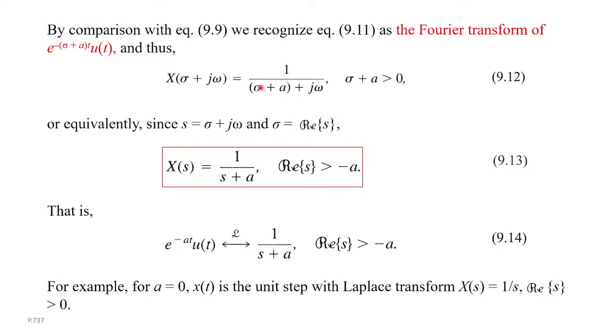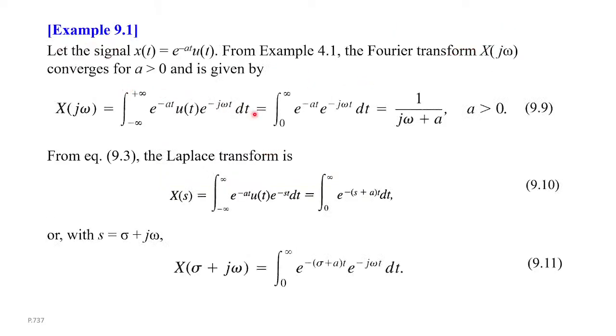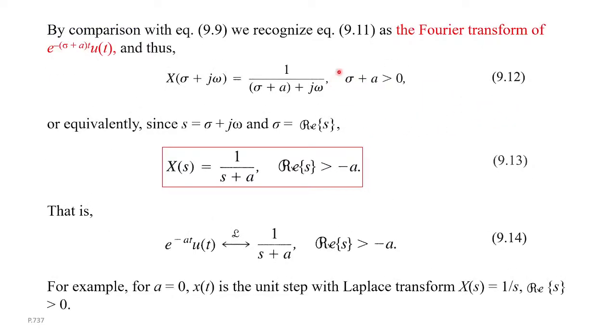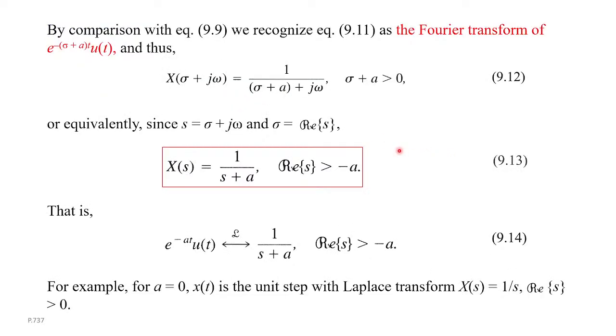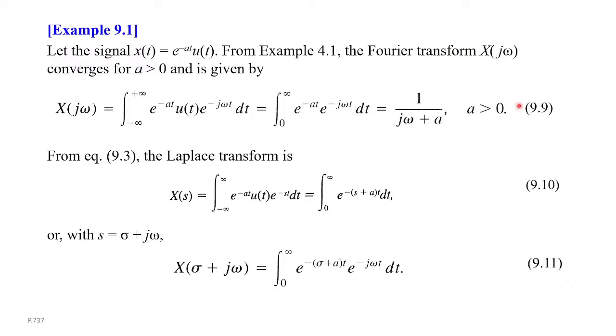We just replace a with sigma plus a. And yeah, so we got this result. And it's a little weird. So we should say real part of a bigger than 0 here. Okay. And we have real sigma plus real a bigger than 0 here. I guess we are assuming a is real here, but a can be complex. Yeah, it doesn't really matter. The presentation here is a is real.